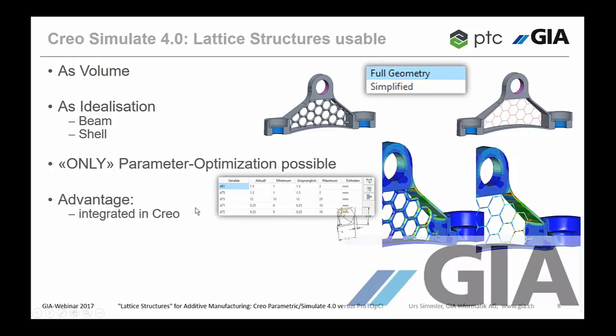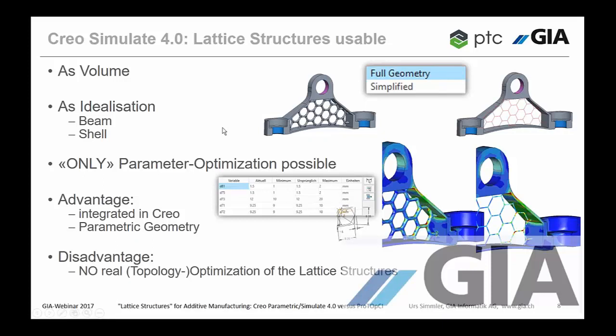The advantage of that solution is that we get a nice representation within Creo Parametric, and we can use that representation for Creo Simulate. And the disadvantage is that we do not have a real bionic optimization or topology optimization of our structures or of our lattice structures.